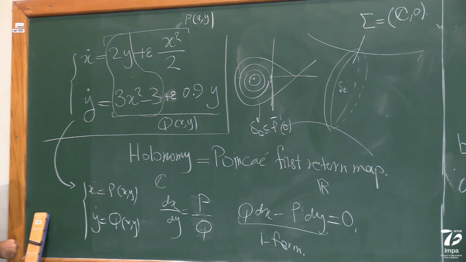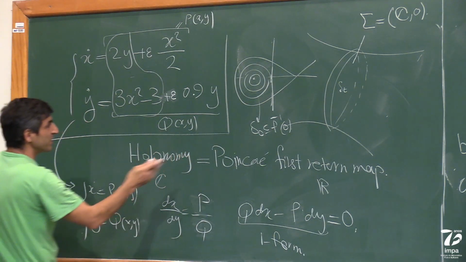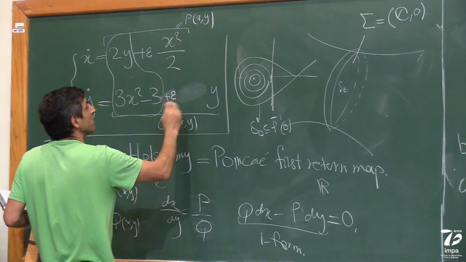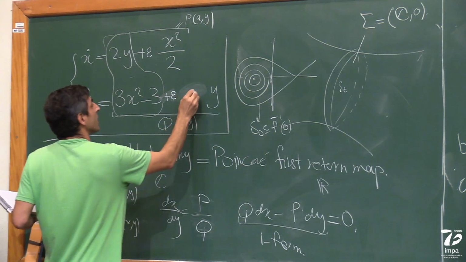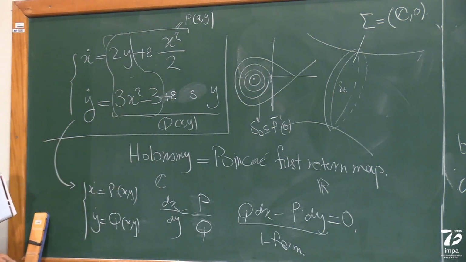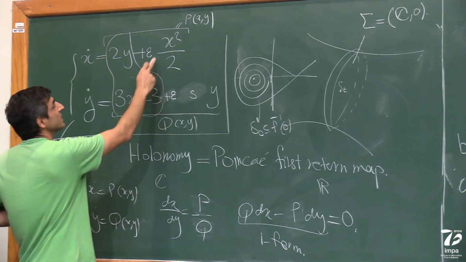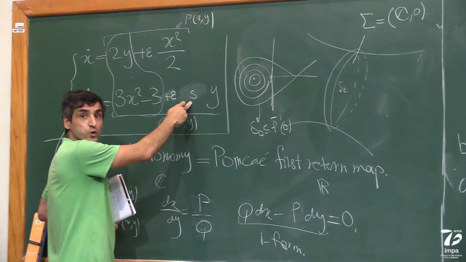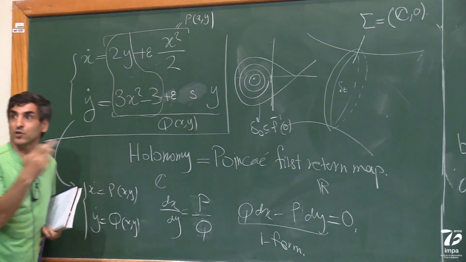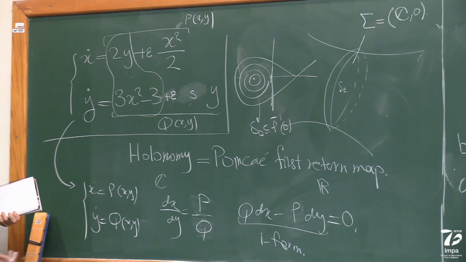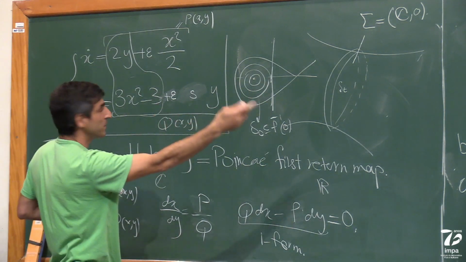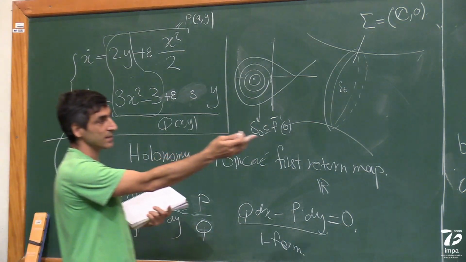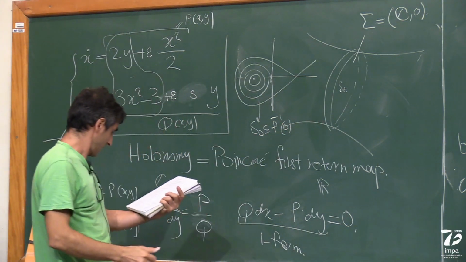And for the reason that I want to get a zero integral, I will put a parameter s. So the idea is that I will make this perturbation and will choose s in such a way that I get a zero of the differential equation. The epsilon will be the parameter of the perturbation, and the s I will handle to get this M1 equal to 0.